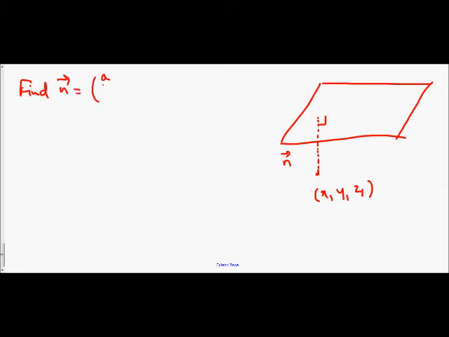Say I have a normal vector a, b, c. Now you need to find the vector a, b, c passing through the point x1 y1 z1. The direction of this line is the n vector, and it passes through the point.